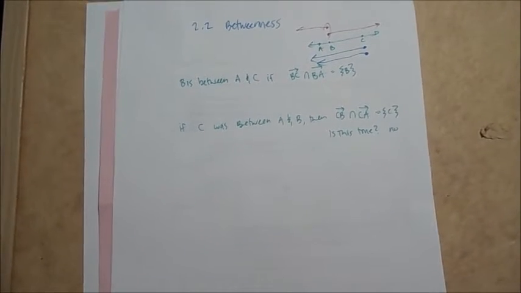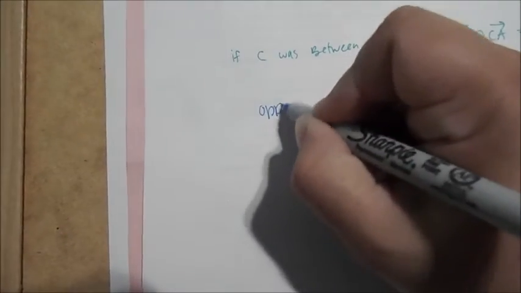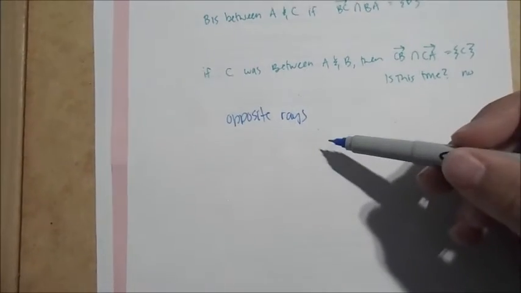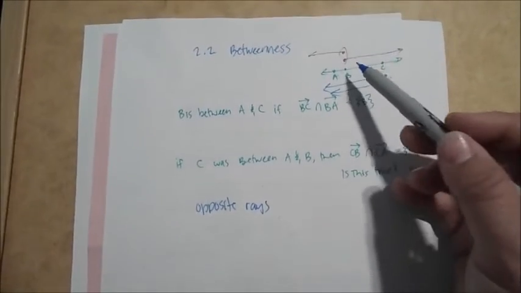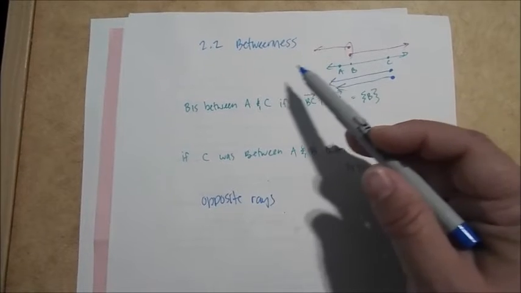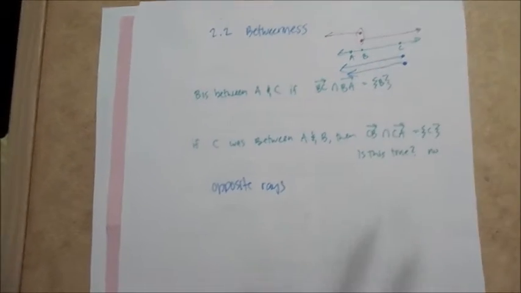We're still talking about subsets of lines, basically. So we have opposite rays, or something else we're going to learn. All right, opposite rays, I think, are self-explanatory. If you take a look up here, if one ray is going that direction and one ray is going that direction, then you have opposite rays.